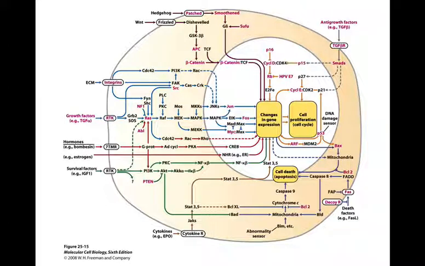Okay, this is an old figure, 2008, but even so, it makes the point that everything in this generalized diagram of an animal cell that is in red is a known oncogene. And there are lots on here, and this is nowhere near complete of all the known oncogenes we do know.